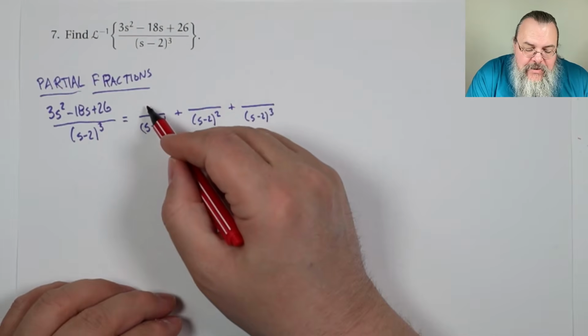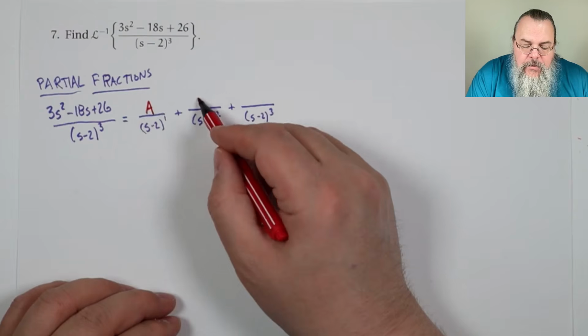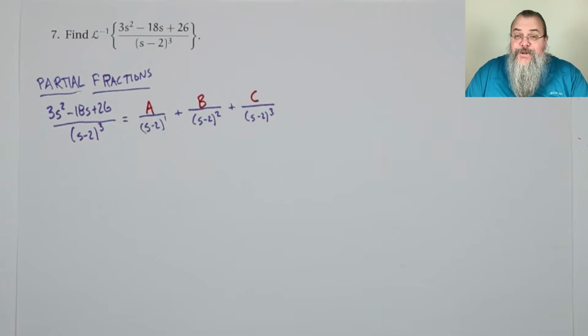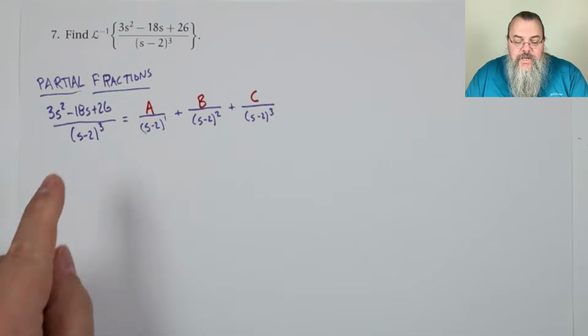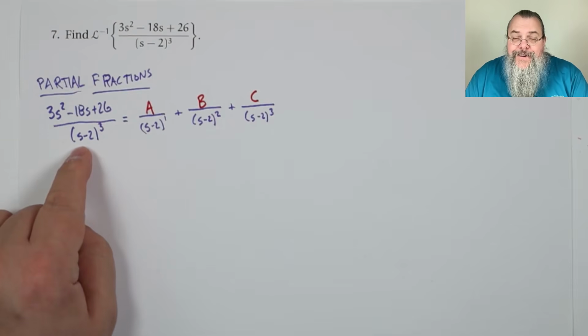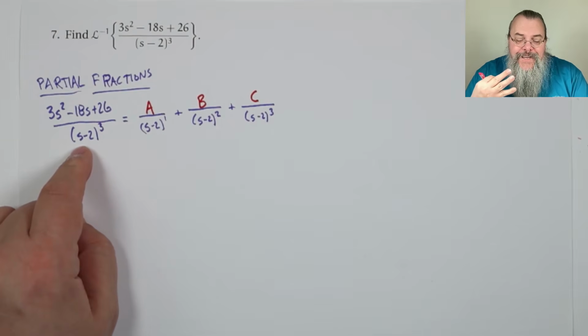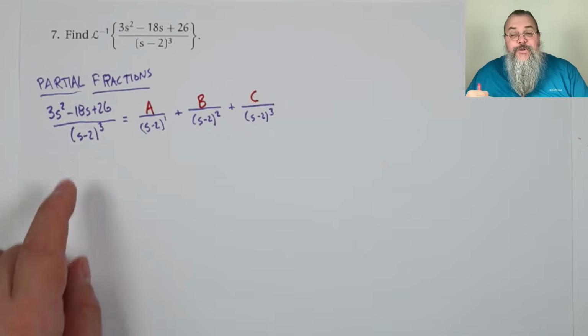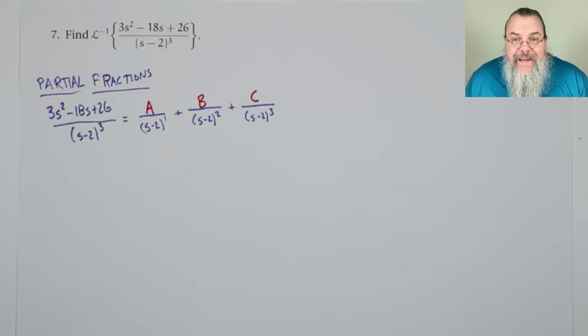So the terms upstairs will be constants. When in doubt, think back to your rule. What's the original degree of your denominator? 3. So how many unknowns should we have? 3. If we have more than 3 unknowns, mistakes were made. So, that's good. We have our setup.